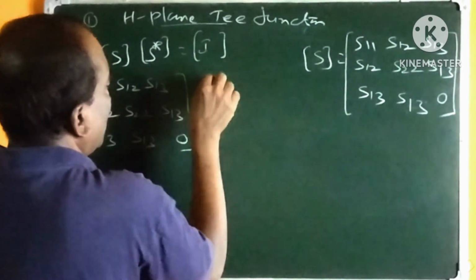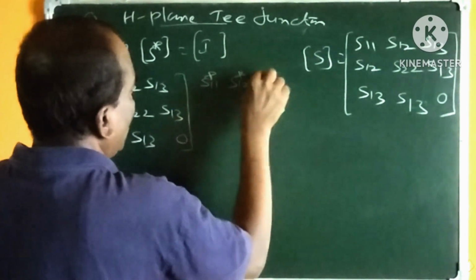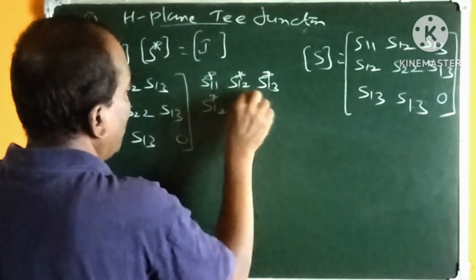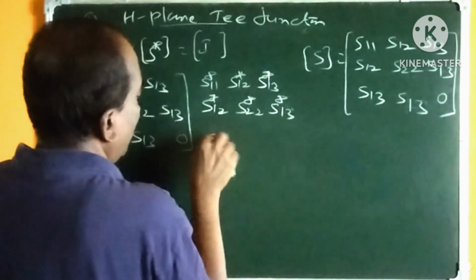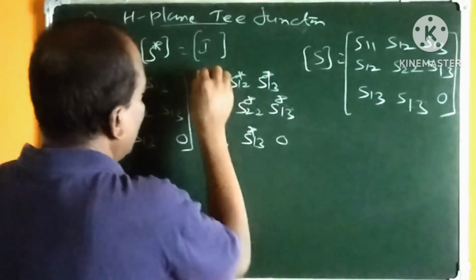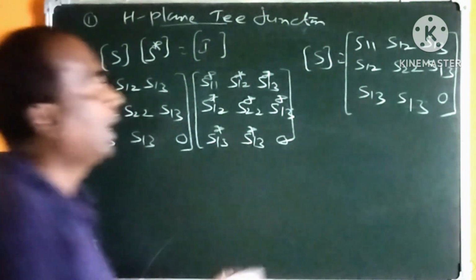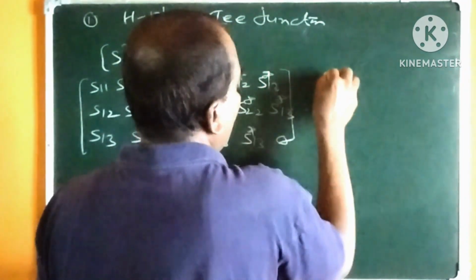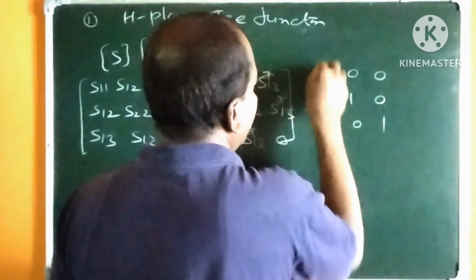And its complex conjugate: S11 complex conjugate, S12 complex conjugate, S13 complex conjugate, and so on, and 0. And this will be equal to I, the identity matrix, which is 1 0 0, 0 1 0, 0 0 1.